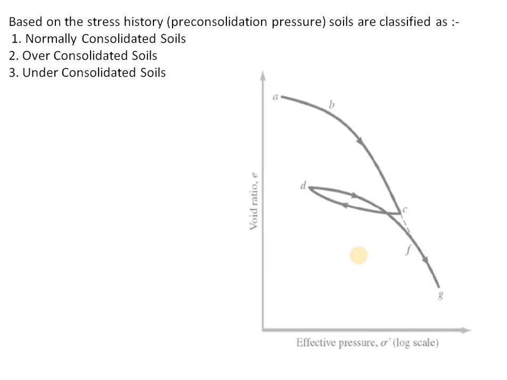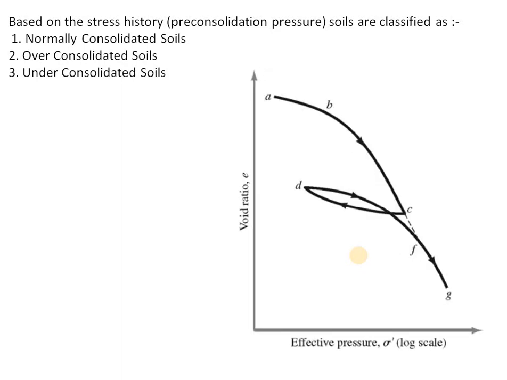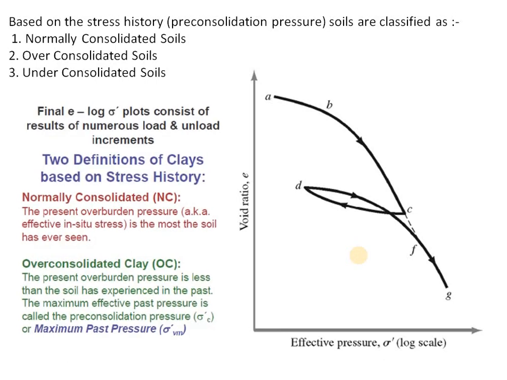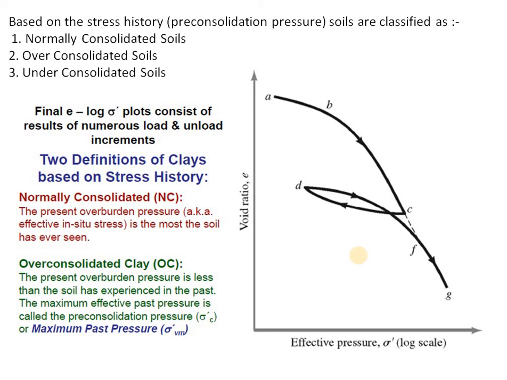So based on the stress history, or pre-consolidation pressure, soils are classified as normally consolidated soils, over consolidated soils, and under consolidated soils. By obtaining this diagram of recompression, normal consolidation, unloading, and again loading, this will give you two types. One is normally consolidated, which states that the present overburden pressure, the effective in situ stress, is the most the soil has ever seen.